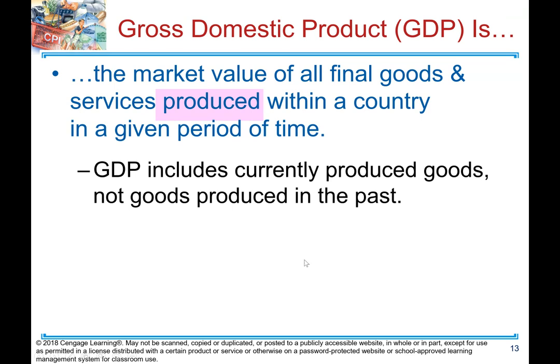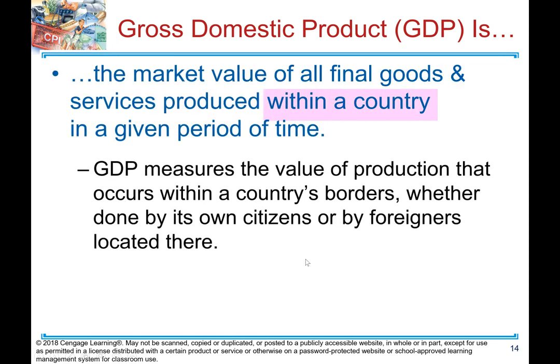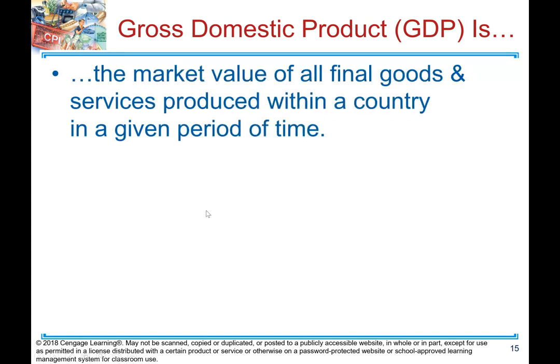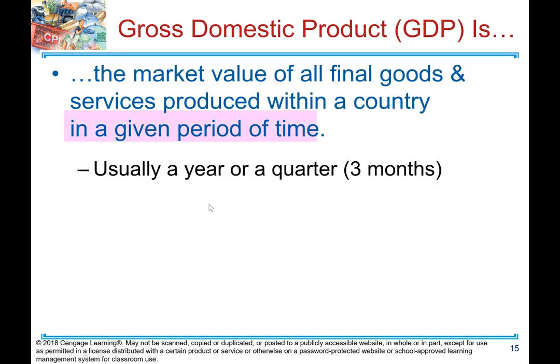Current production is what is included in GDP, and it is to be within a country. GDP measures the value of production that occurs within a country's borders, whether done by its own citizens or by foreigners located there, in a given year, usually a year or a quarter, 3 months.